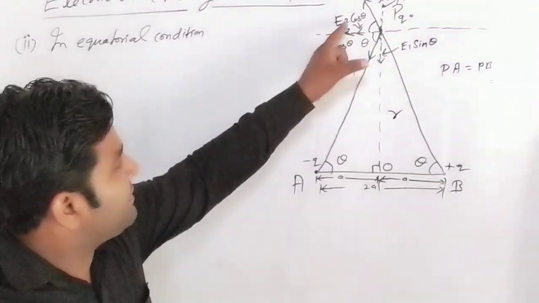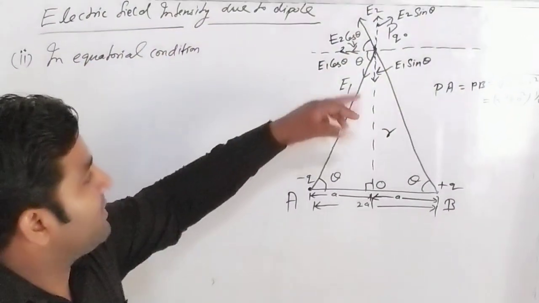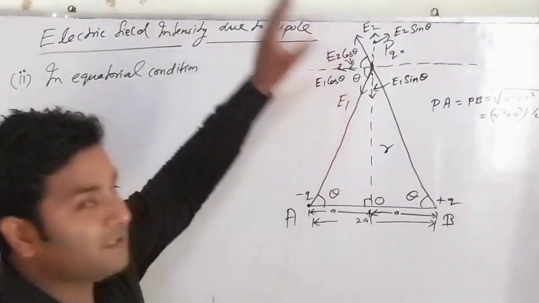So E1 cos theta and E2 cos theta are along the same direction, but E1 sin theta is downward and E2 sin theta is upward.